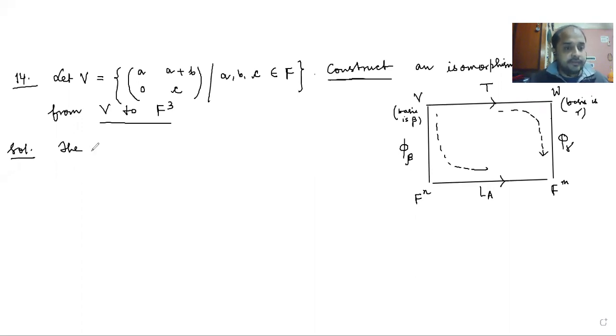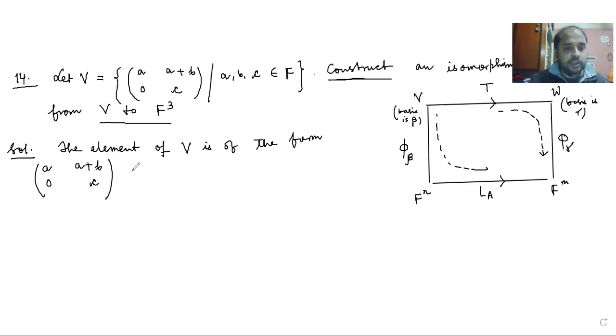The element of V is of the form a plus b, 0, c, which can be expressed as follows.